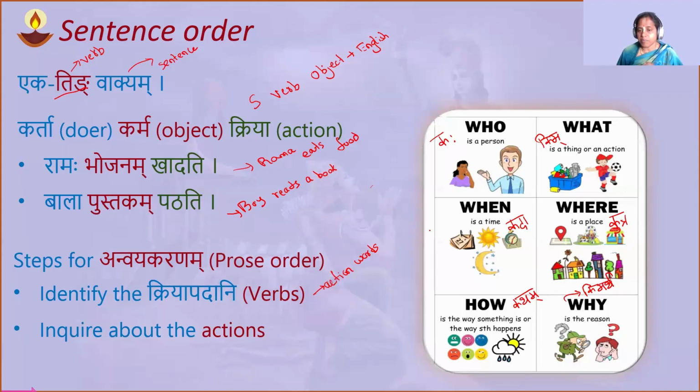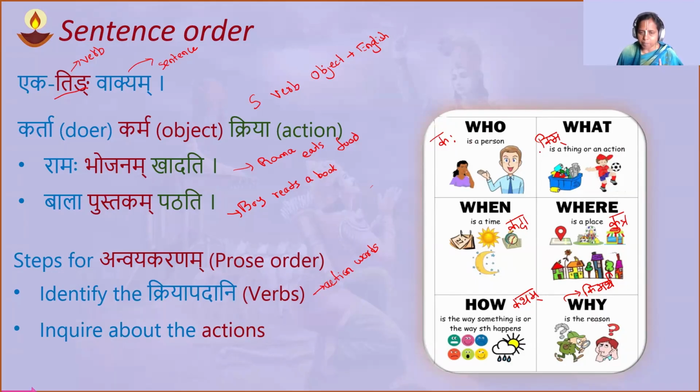So all this you can put together and make a big sentence. For example, the simple sentence is Ramaha khadati. Correct? But you can say Ramaha bhojanam sayankale gruhe hastena khadati. You got it, right? I put everything together in one sentence now. I will repeat again.